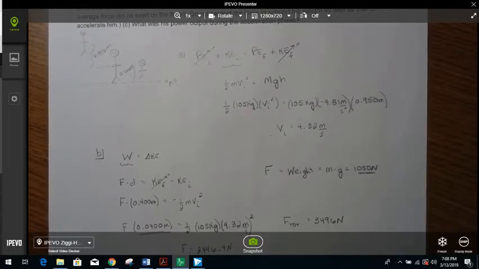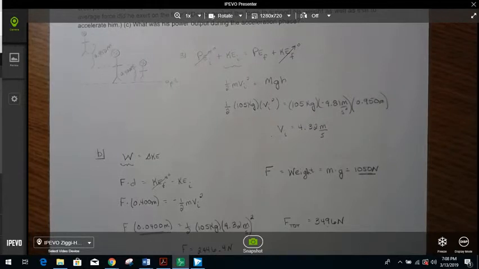Now we can figure out his power. Power equals work divided by time. Work equals force over a distance, still divided by time.